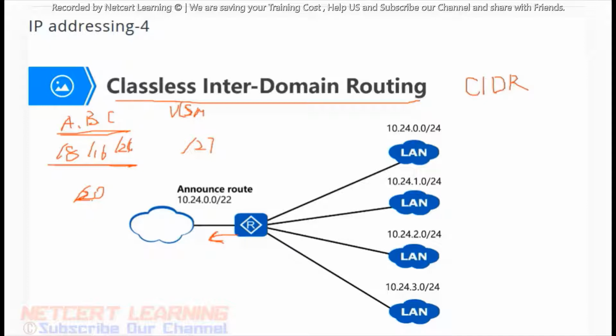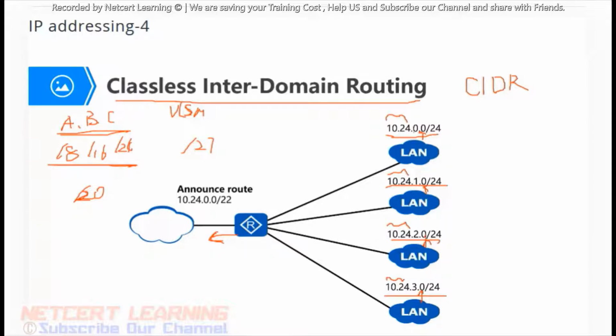For example, in this scenario, there are 4 networks. Of course, the first 2 bytes are the same. The last byte is the host part, and when we use a network address, it's always 0.